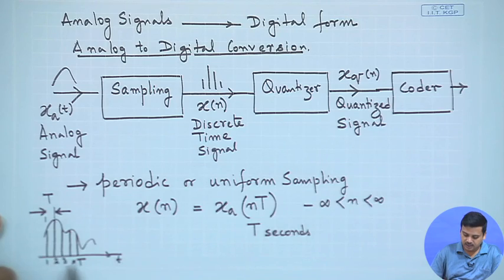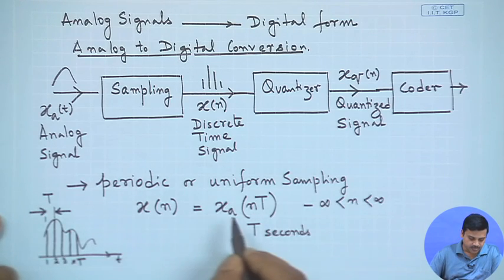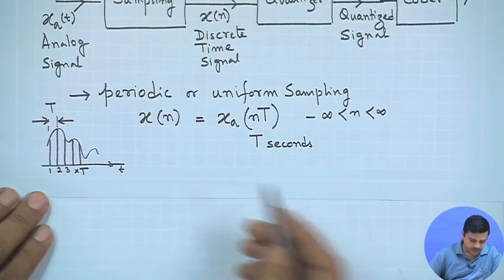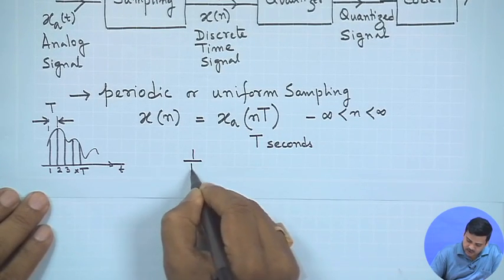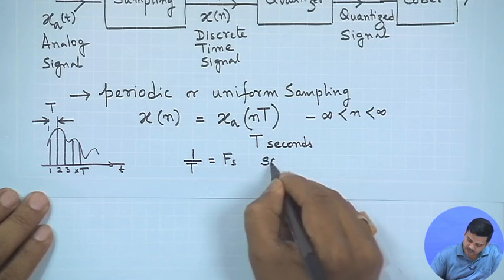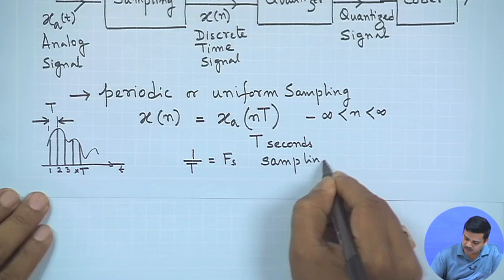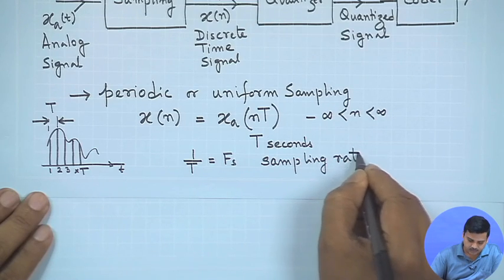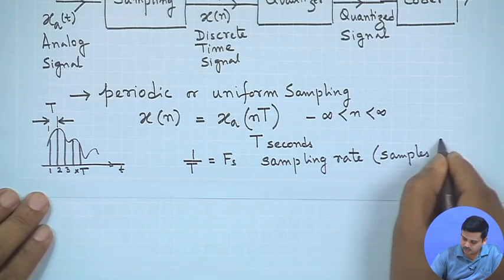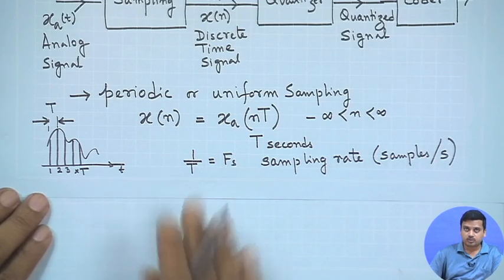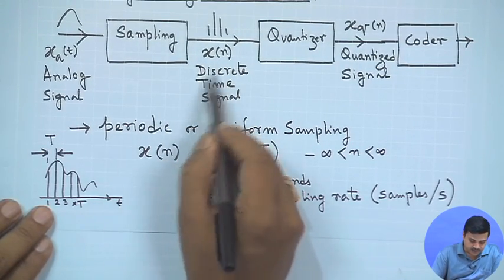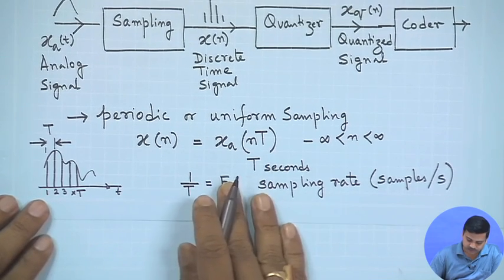So, this is the way we get the x n from x a of t, and we also have the relationship that 1 upon t is equal to f s, which is called the sampling rate, or samples per second. So, through this we can get the analog samples, but at discrete time. So, this is also called the sampling frequency.